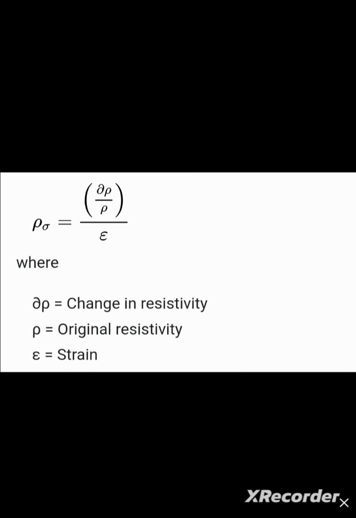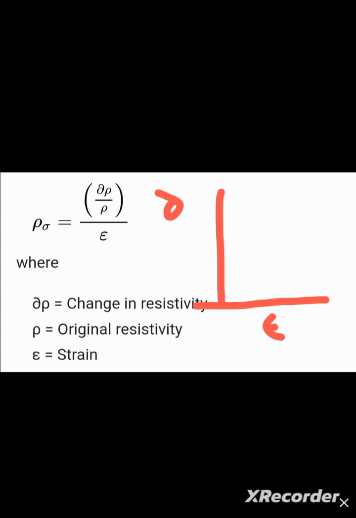So you can see that whenever there is a change in resistivity for applied strain, you have a value. So in metal, this relationship is observed for a certain value of applied strain.